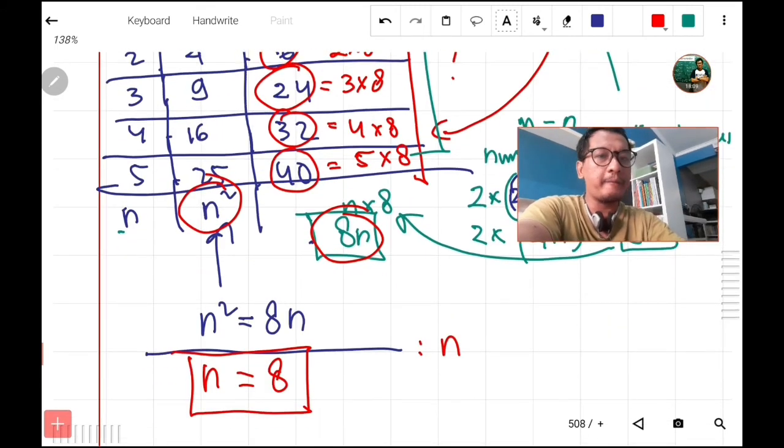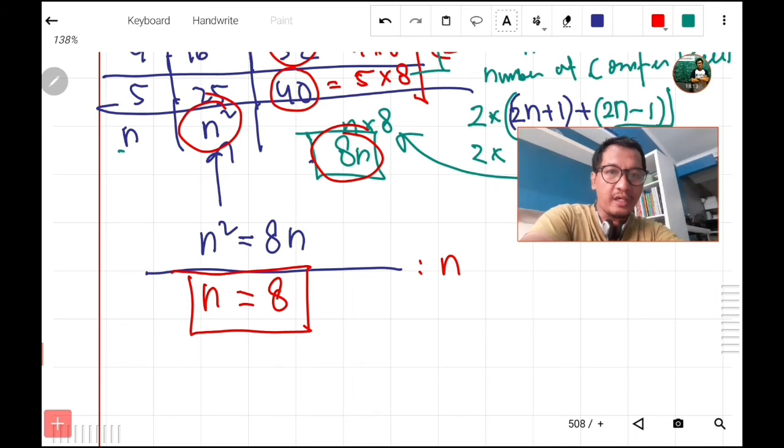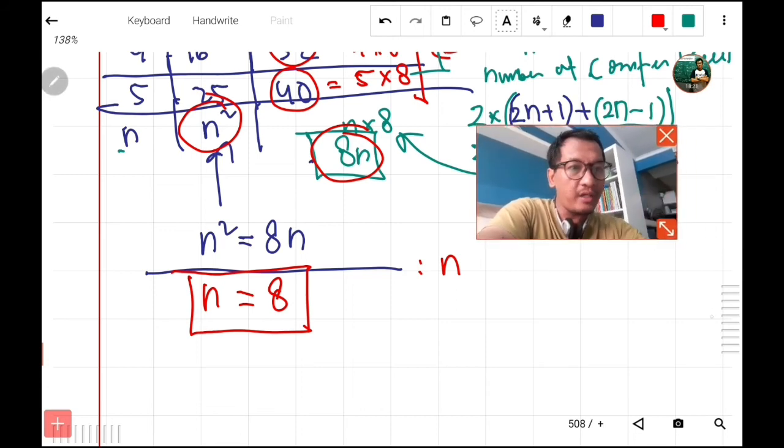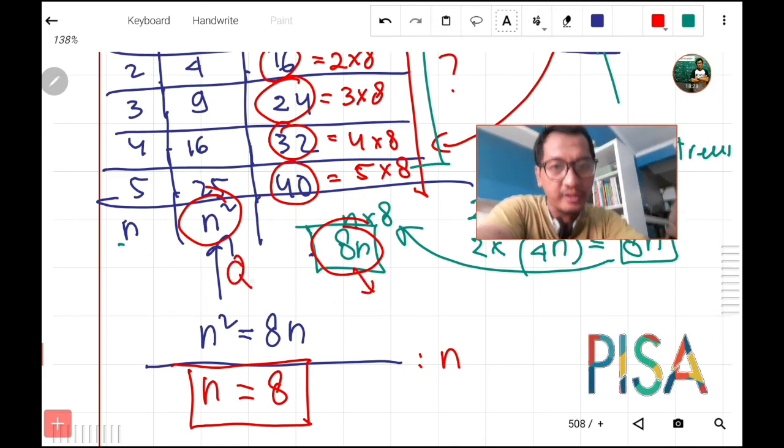I think it's clear that the quadratic function will be larger than this linear function, right? This is a quadratic function, and this is a linear function.